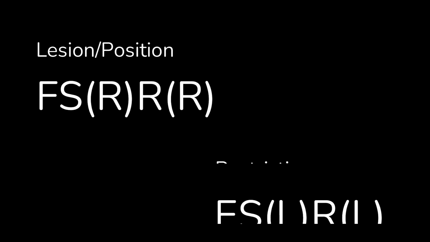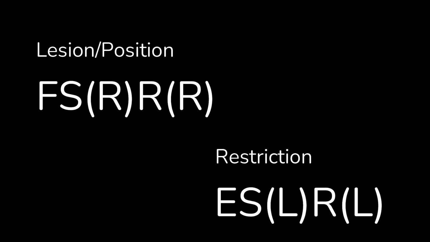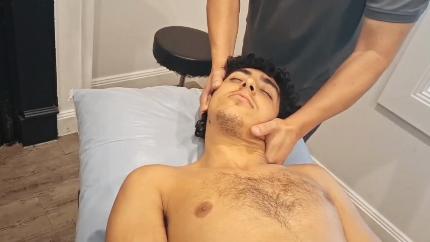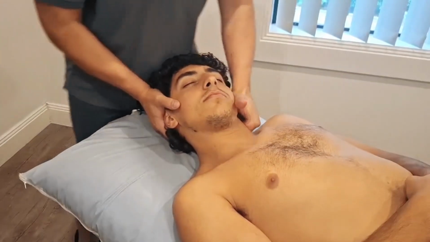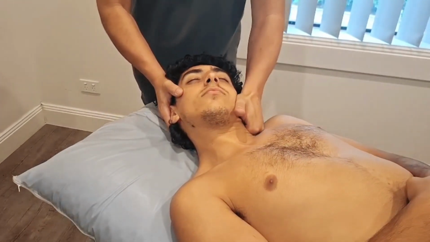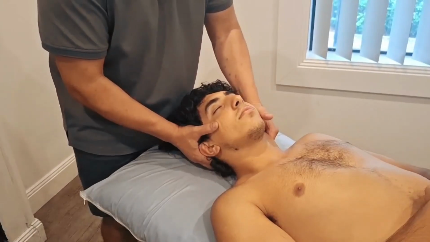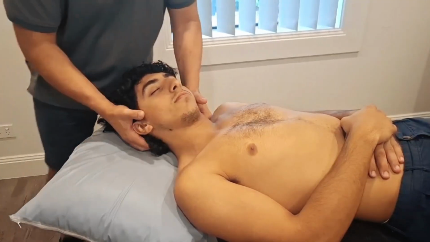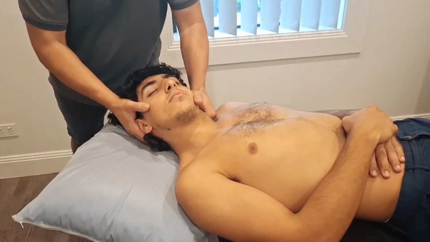So the barriers I need to engage at that segment are extension, side bending to the left, and rotation towards the left, with my primary contact being on the lamina of the C5 vertebrae. You can think of this as closing the left C5-6 facet joint. This 5-step process will help you achieve the basics of a safe and accurate cervical spine C3 to 7 manipulation with side bending as your primary component.